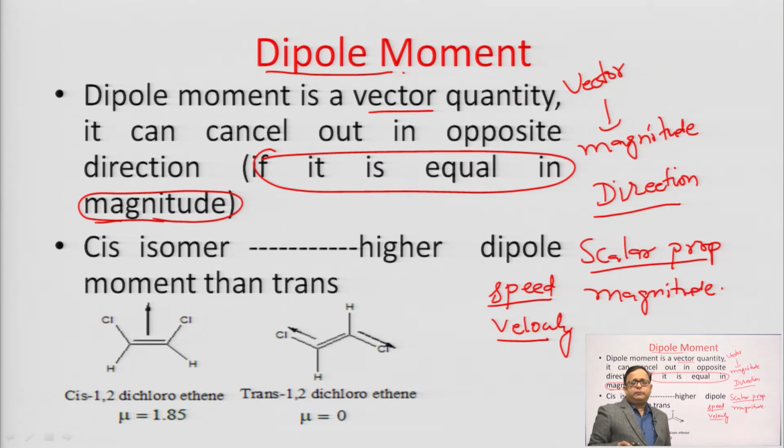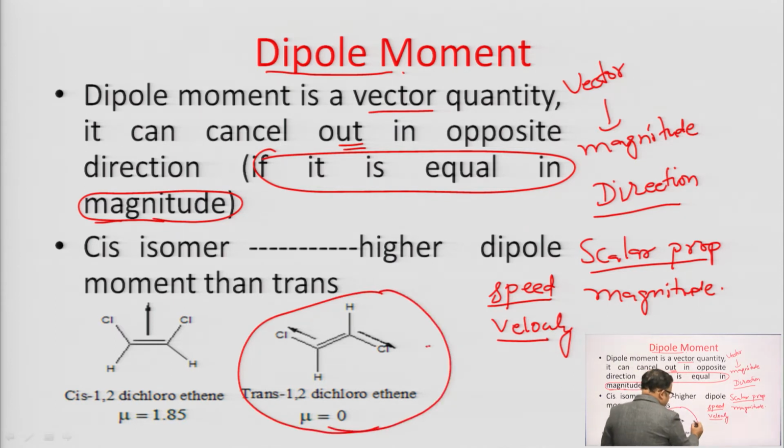If it is equal in magnitude and opposite in direction, they will cancel out each other, and therefore the trans isomers will have zero dipole moment, theoretically or ideally.